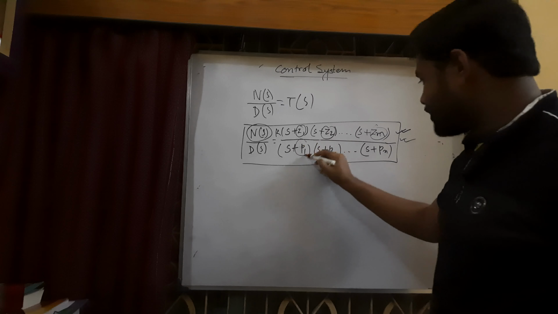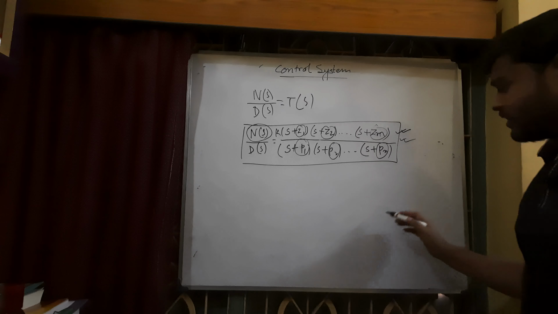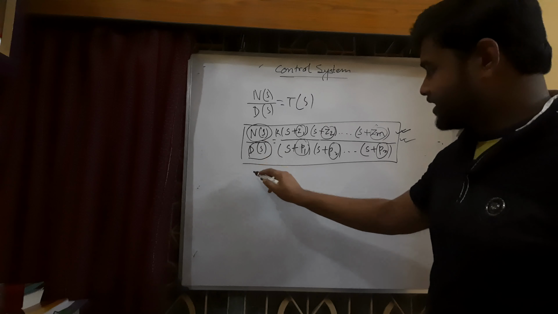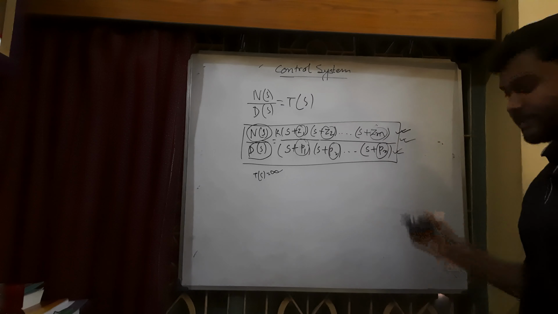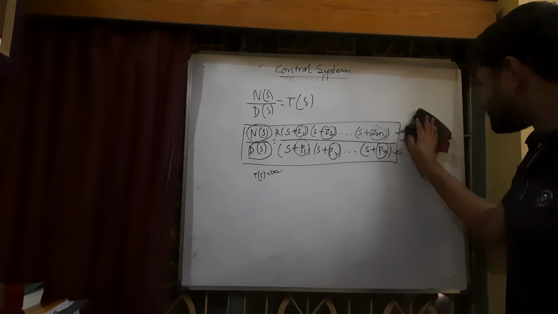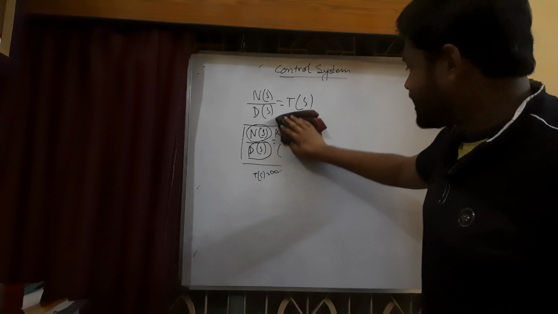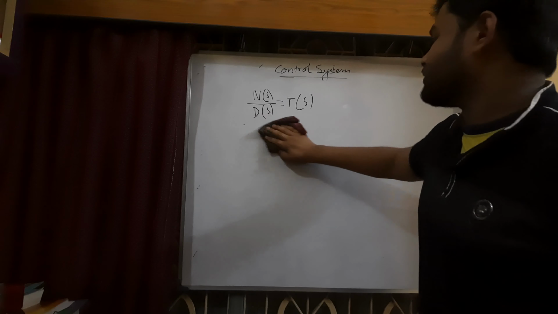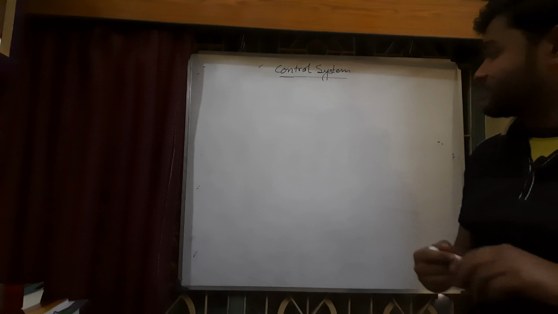At the points minus p1, minus p2, minus pn, D(s) becomes 0 and the transfer function becomes infinity. So these points are called poles of the transfer function. We discussed pole and zero with a mathematical interpretation at a bit advanced level.